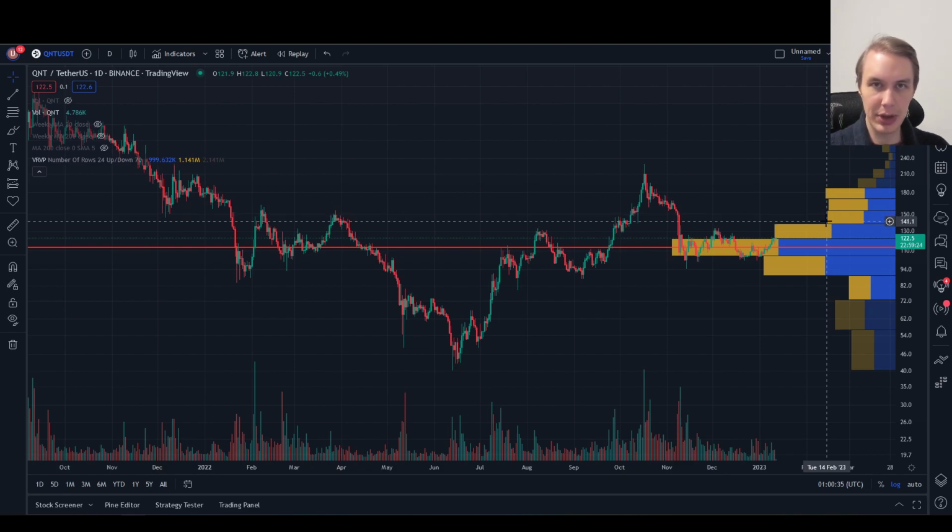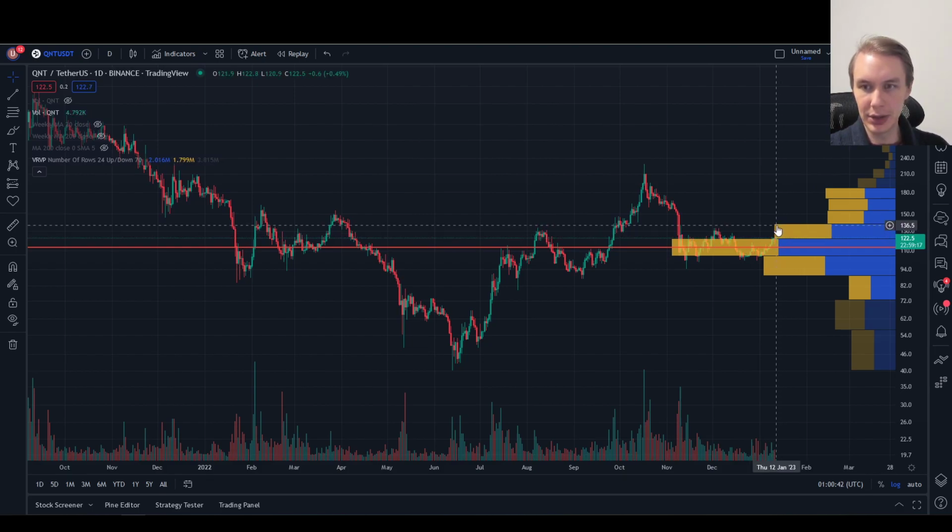And the reason you care about that is that cost bases usually act as resistance, or they can. Right? If someone bought QNT up here at around 140 and price gets back up to it, that person might choose to sell to recoup their investment because they've seen price fall below it recently.